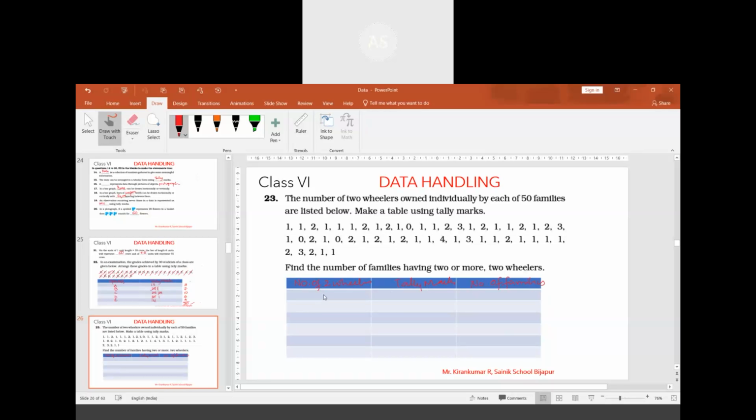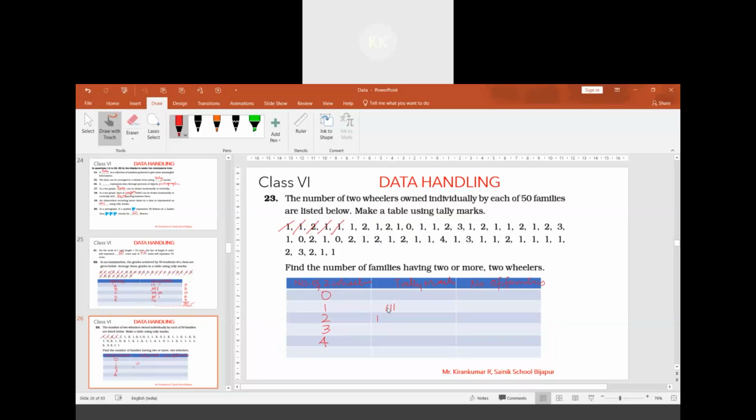So here the numbers given are 0 two-wheelers, 1 two-wheeler, 2 two-wheelers, 3 two-wheelers, and maximum there are 4 two-wheelers. Let's begin. One more one. Then we have 2, 1.